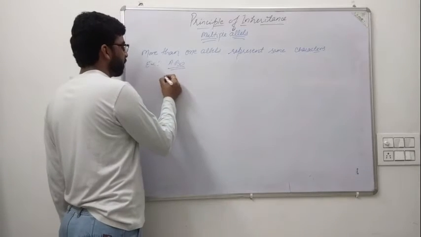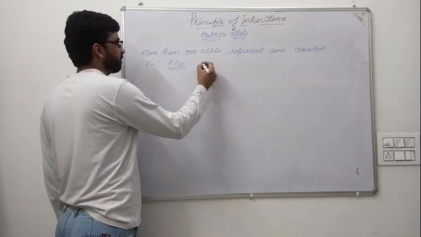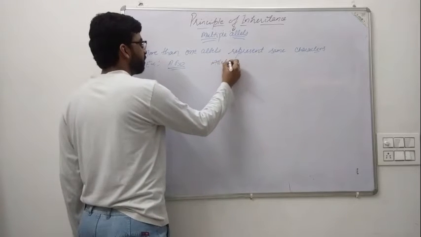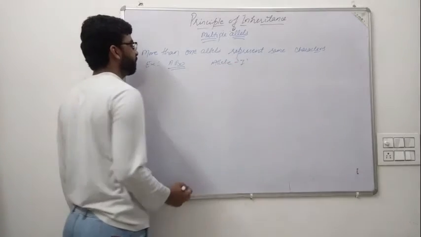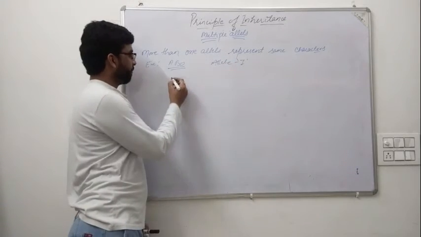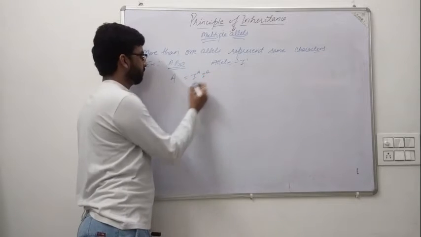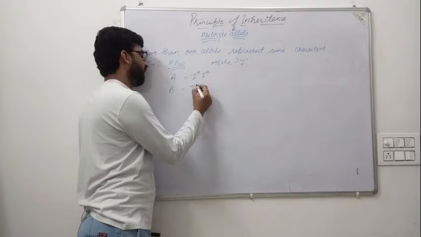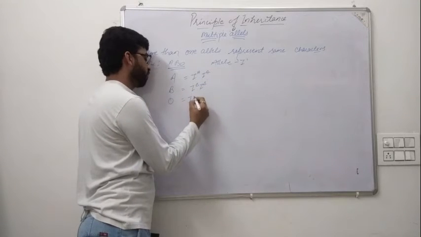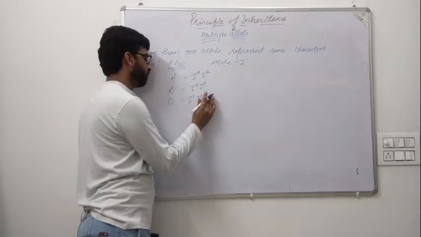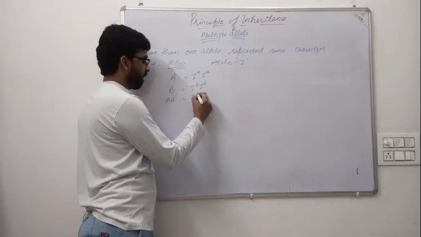We know blood groups A, B and O. The allele which represents the blood group is I. For blood group A, IA; blood group B, IB, as we discussed; blood group O, IO.